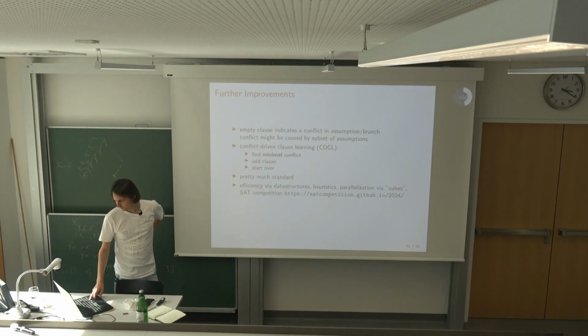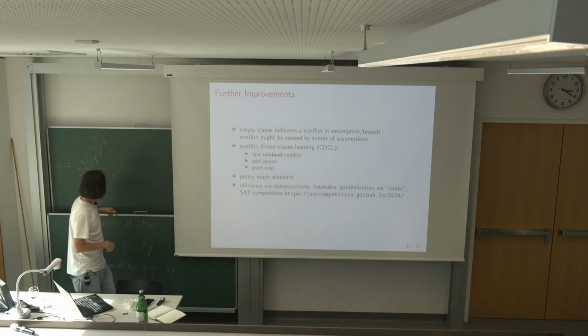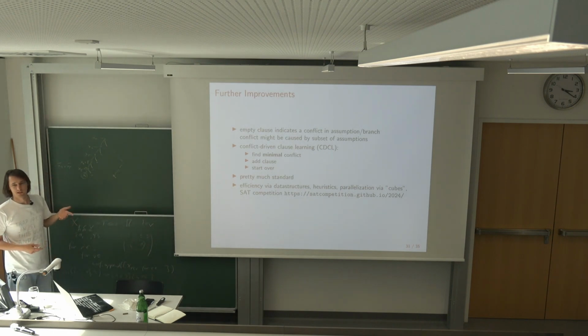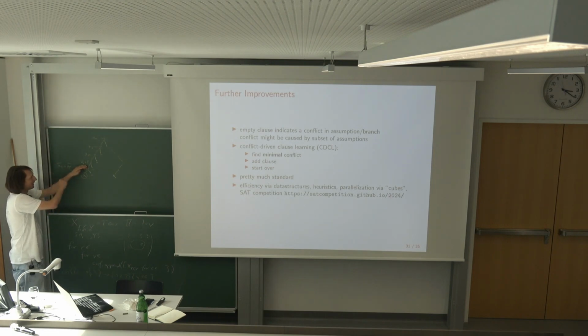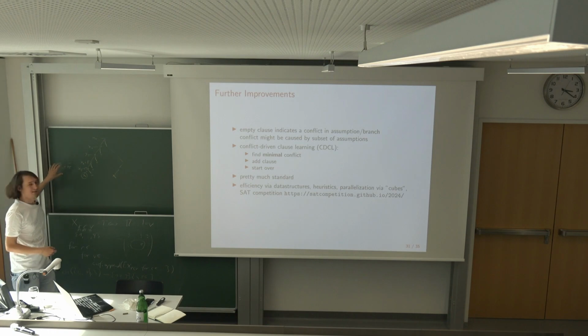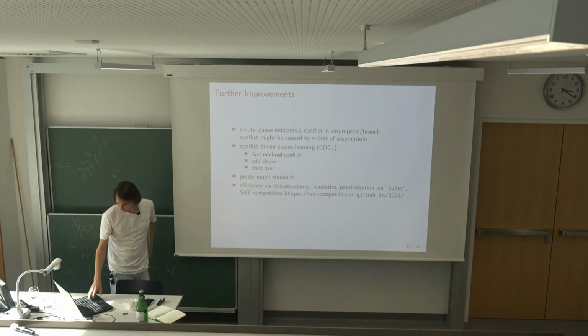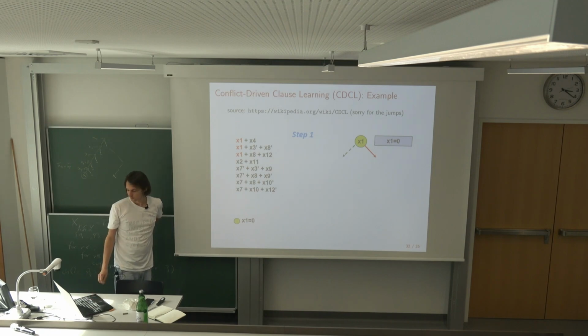By adding new clauses, it prevents going into branches because of unit propagation. So at the point where it enters x4, if it already knows that this is not possible, it will not go into this branch. But maybe this was not originally a rule. It can learn at some point that this is not possible. I will give you an example from Wikipedia now, and then we go to the break.